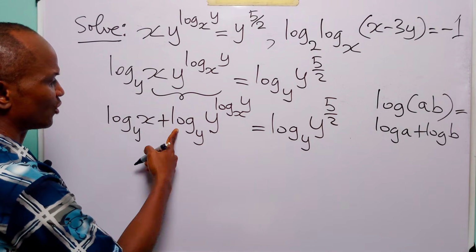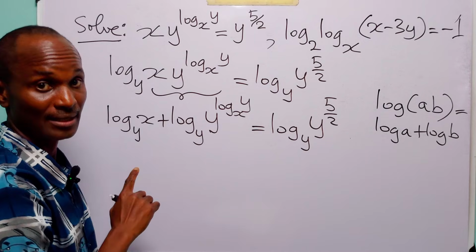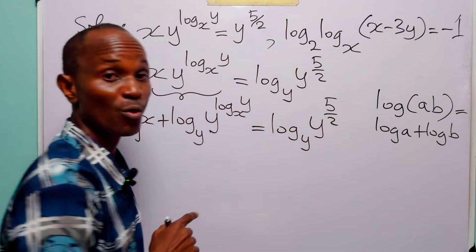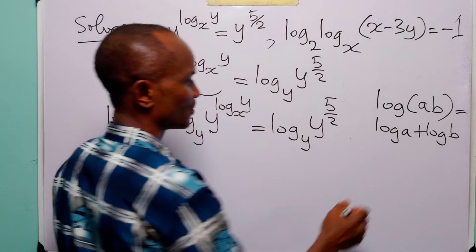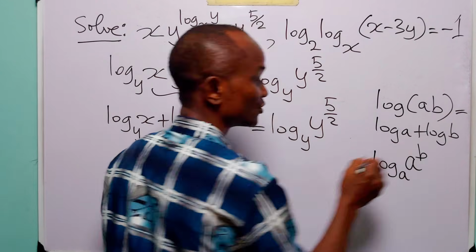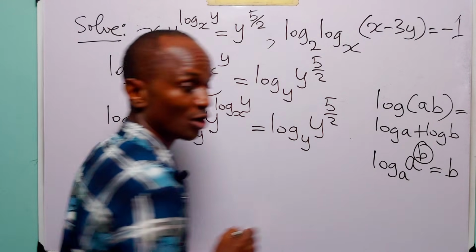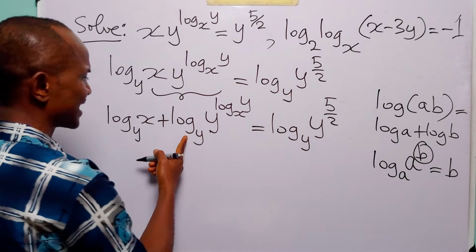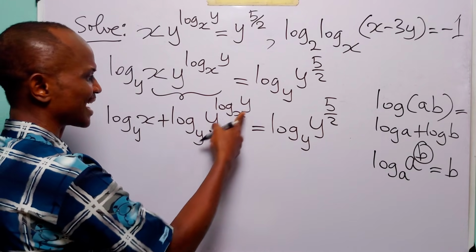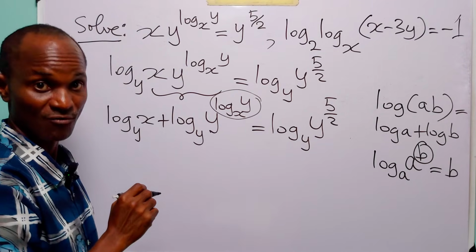Now look at this. Here we have log to base y of y to the power log to base x of y, and here we have log to base y of y to the power 5 over 2. Now remember that when we have log to base a of a to the power b, this is simply equal to b. So that means that here, log to base y of y to the power log to base x of y is simply equal to log to base x of y.